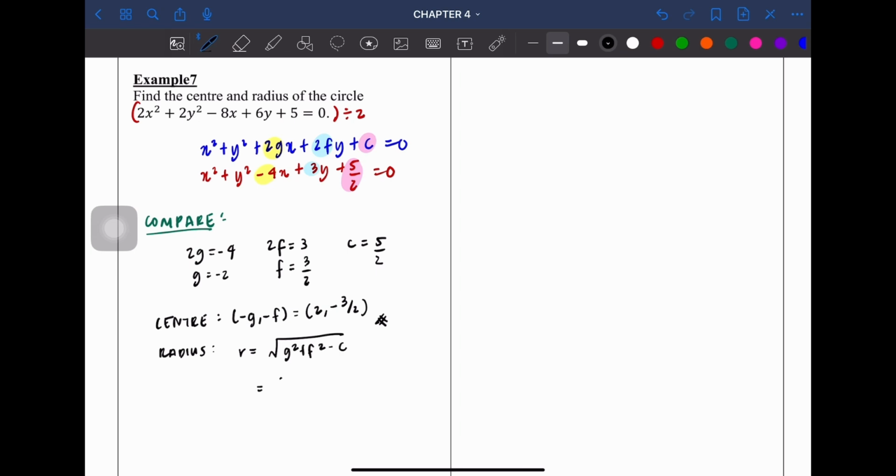So your g is -2 squared plus f is 3/2 squared minus 5/2. Using your calculator, you will get the value of 15/2. That's how you get the center and the radius of the circle using the comparison method.